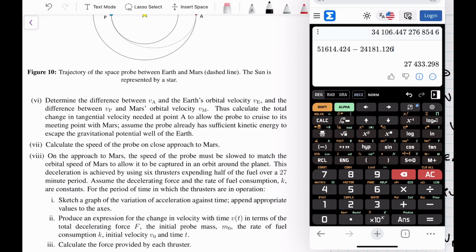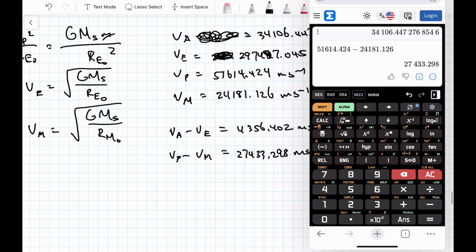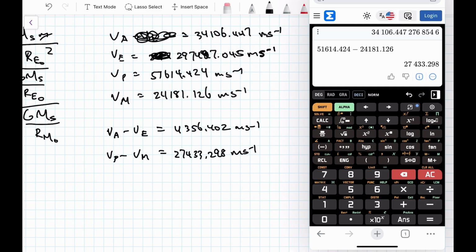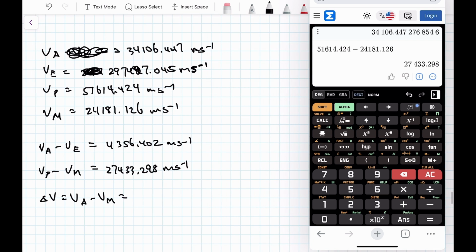And this last part says calculate the total change in tangential velocity needed at point A to allow the probe to cruise to its meeting point with Mars. Yeah, okay, so the total change in tangential speed is basically just VA minus VM, the total change in tangential speed required.